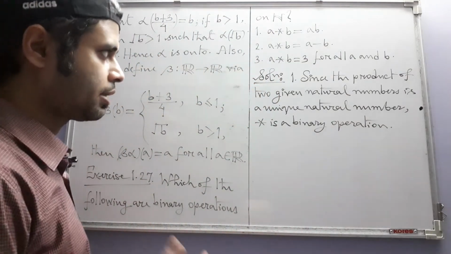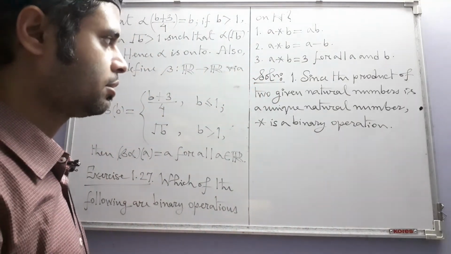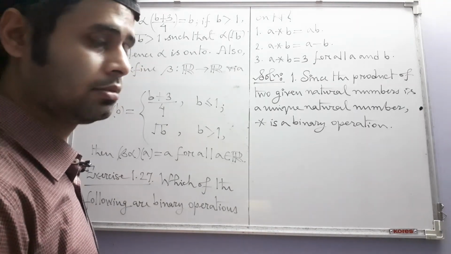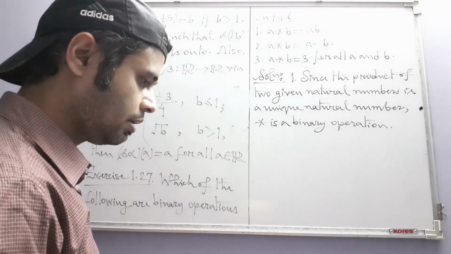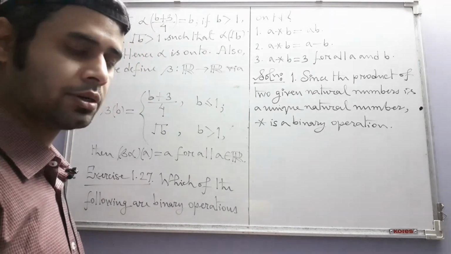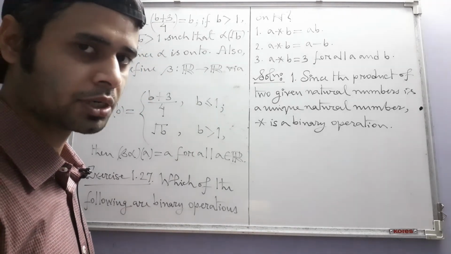We call such operations binary because there are two elements involved in the input. If you have n elements involved, you will call it an n-ary operation.